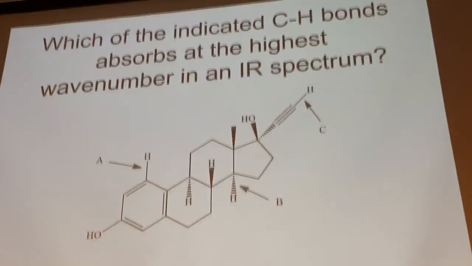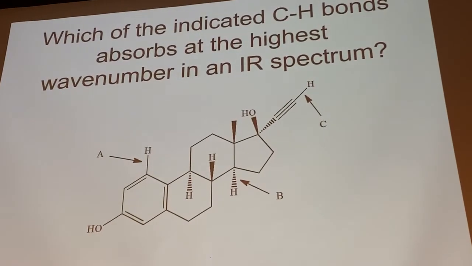We're asking you to look at this molecule and determine which of the three indicated CH bonds will absorb at the highest wave number in the IR spectrum. And for your reference, we still have Hooke's law written on the board.